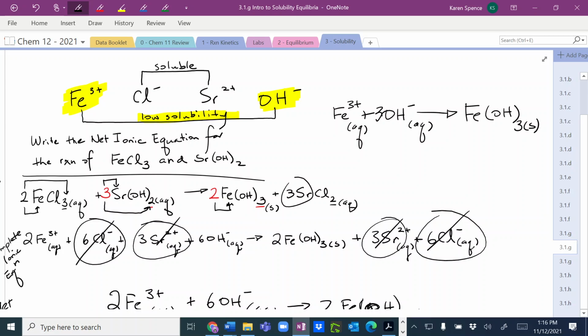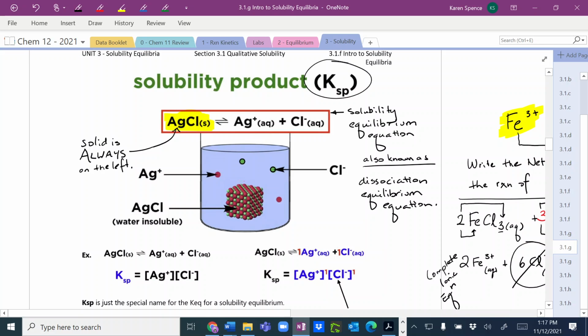On your quiz, you will either be asked for the formula equation, complete ionic equation, and net ionic equation, or I will say, write me the net ionic equation, in which case you are welcome to do the whole process, but you don't have to. Yes? Okay. Now, one thing you're going to notice about this, how does this differ from the solubility equilibria equations that we saw over here?